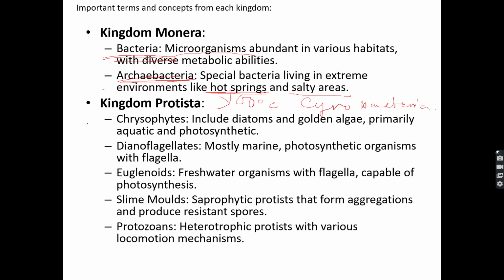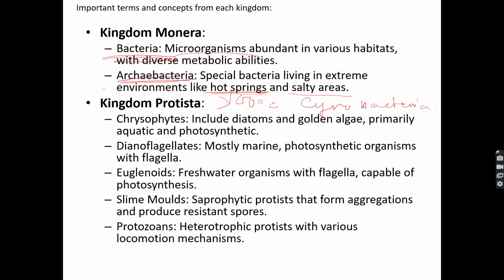Next is kingdom Protista. Kingdom Protista can have different characters, and they can be divided into many groups, such as chrysophytes, dinoflagellates, euglenoids, slime molds, and protozoans.